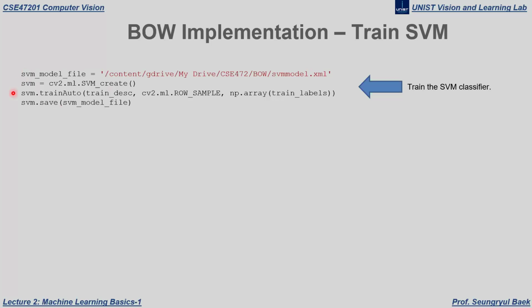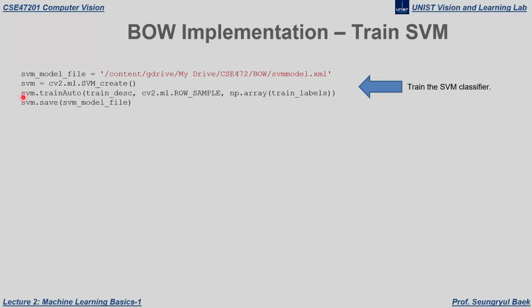So you have to make the SVM classifier variable here. And also you input this train DESC, which is holding the histograms for all the images. And you also need this train underbar labels, which indicates whether that image has an airplane or motorbike. Maybe either 0 or 1.